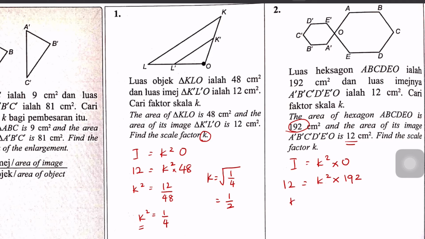So k squared is equal to 12 over 192, simplify, 1 over 16. K is equal to square root of 1 over 16, which is 1 over 4. So I want you to try it.